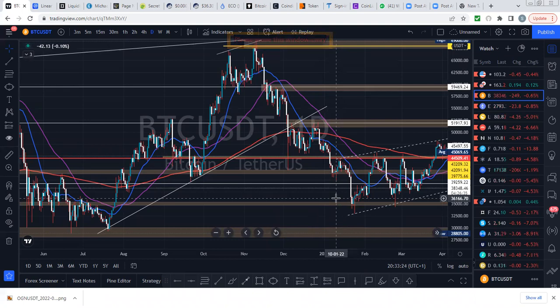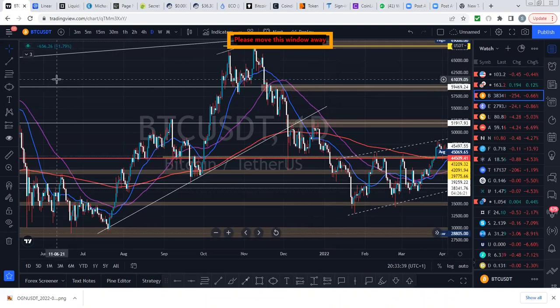Then let's go to types of moving average. Now, there are two types of moving average, but if you are placing them on charts, they look alike. One is simple moving average, while the other one is exponential moving average.